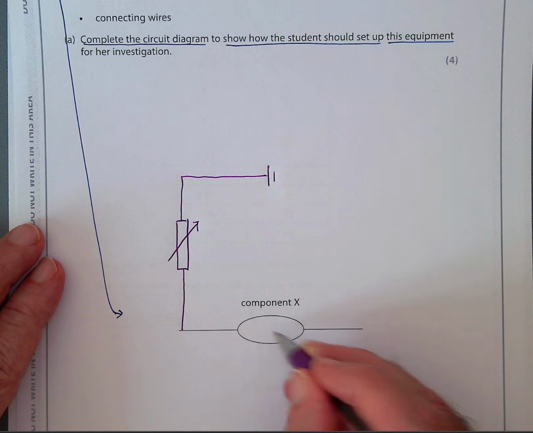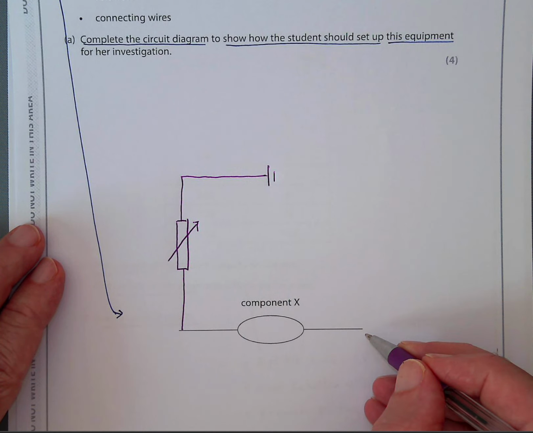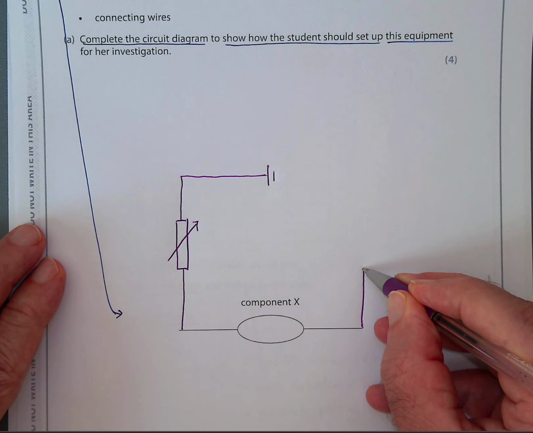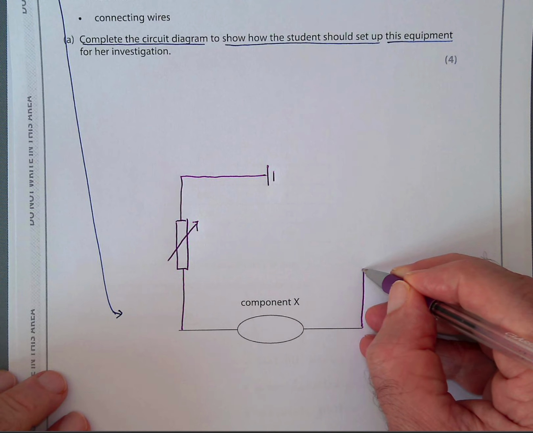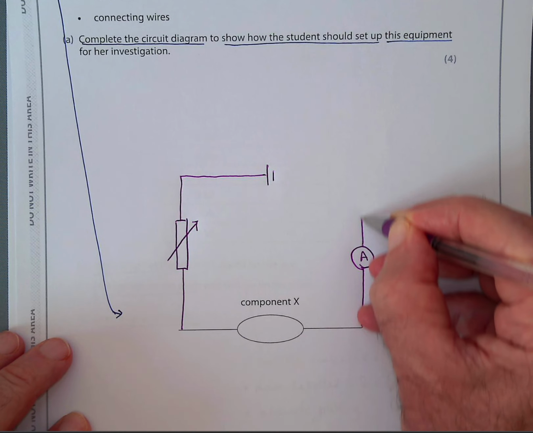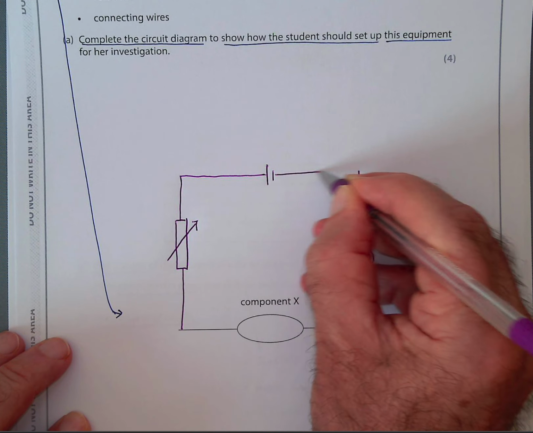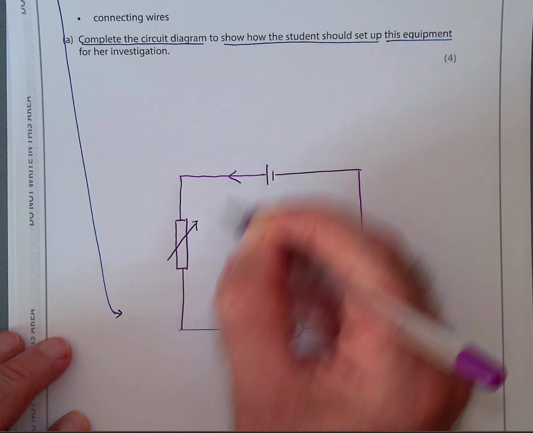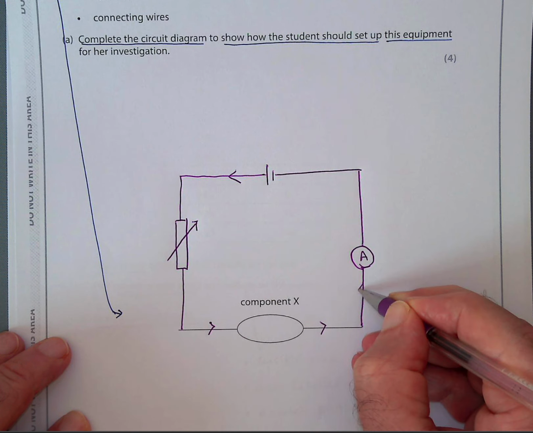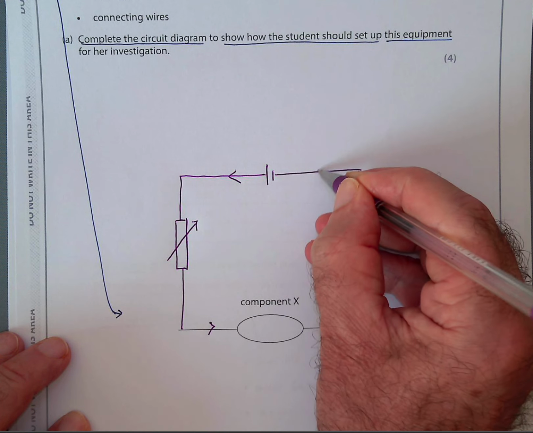So here's component X. When we did it, we did a bulb and we did a fixed resistor. And then you need to measure the current in the circuit. So that's an ammeter, which needs to go in the circuit. And the current can then go through there. You can vary how much current is going through the component and back again to the cell.